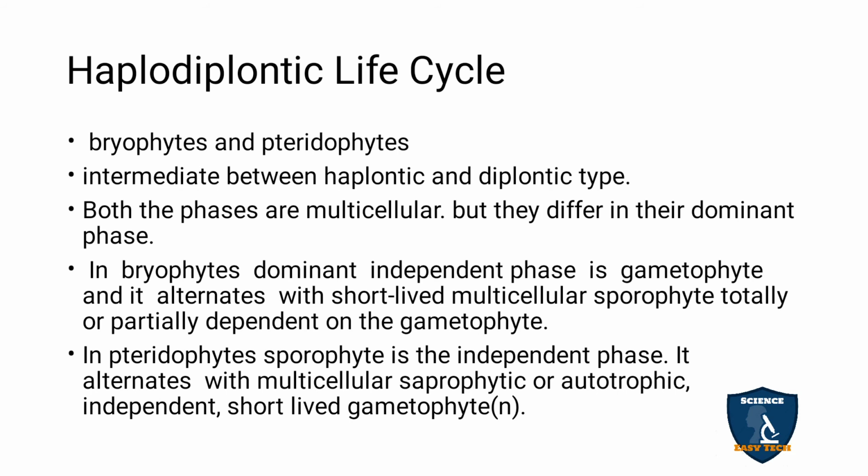In bryophytes, the gametophytic phase is dominant and the sporophytic phase is short-lived. Whereas in pteridophytes, the sporophytic phase is dominant and the gametophytic phase is short-lived, and it is involved in the formation of gametes only.